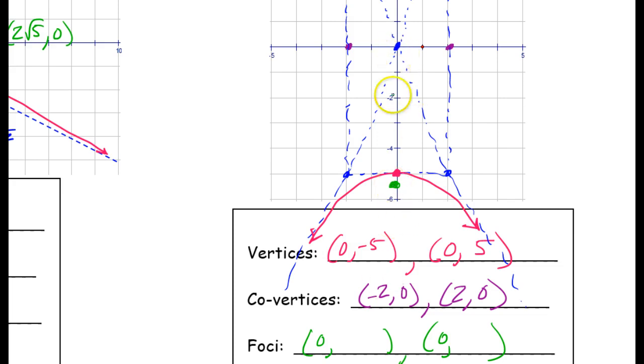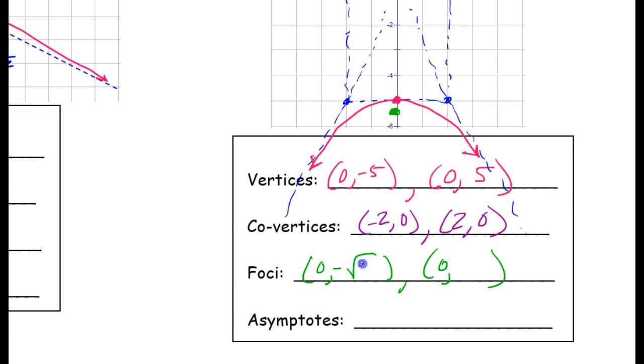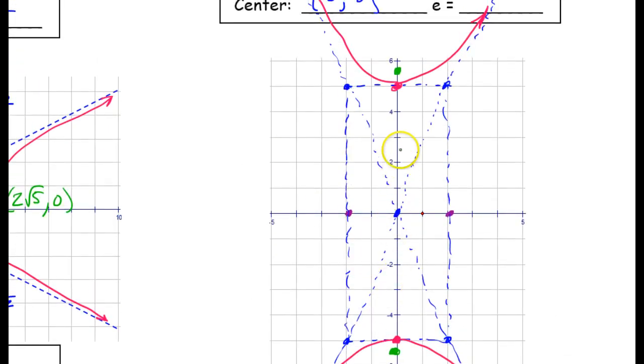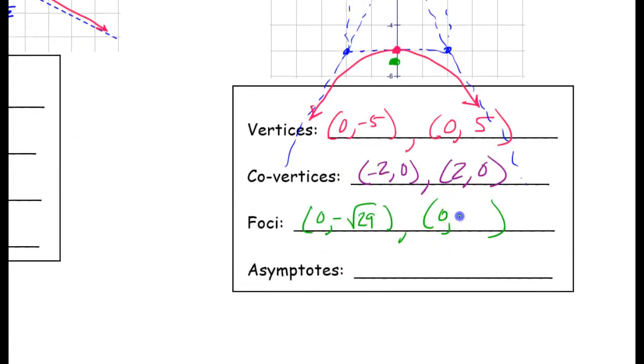So that's 0 minus radical 29, or negative radical 29. For the upper focus, I went up radical 29. So that's positive radical 29. So those are the coordinates of the foci.